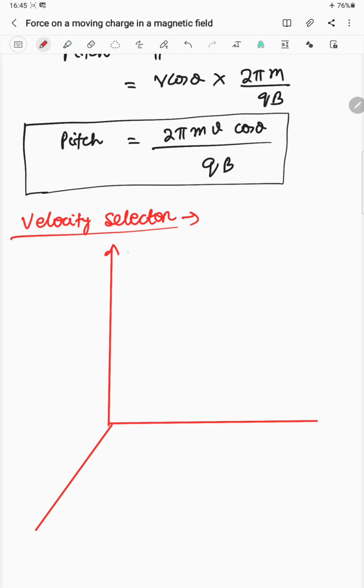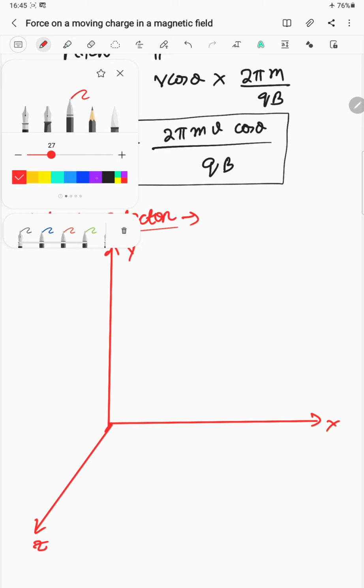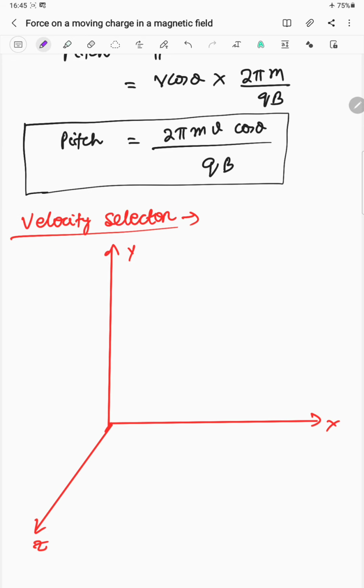This is your y-axis, this is your x-axis, and this will be your z-axis. In the y-axis, we'll have the electric field. Here I will have the magnetic field in the z-axis. And the velocity will be in which axis? In your x-axis. This is the velocity.